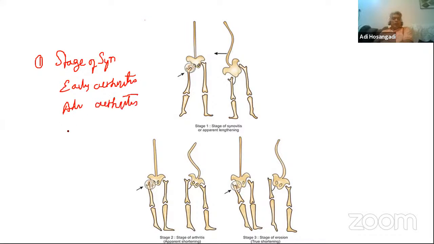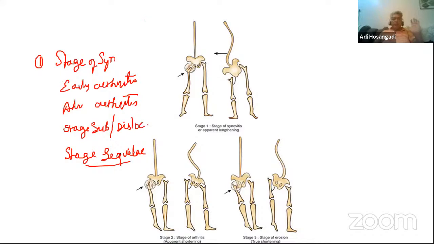Stage 4, stage of subluxation or dislocation. And the fifth stage is the stage of sequelae, sequelae of the disease itself or sequelae of the treatment. Please remember this.